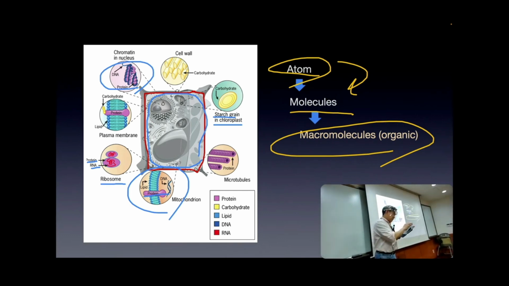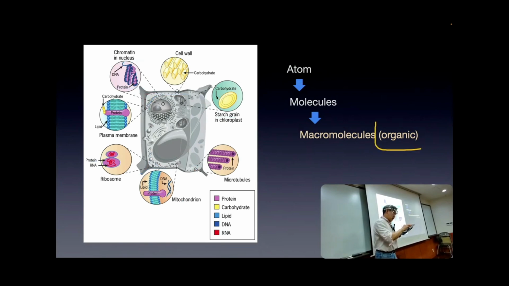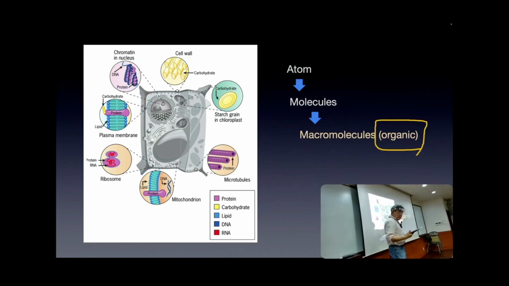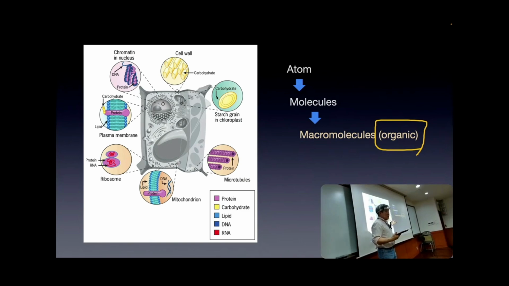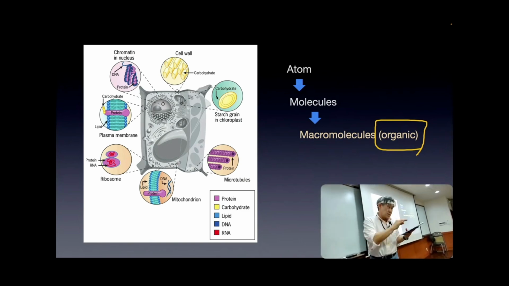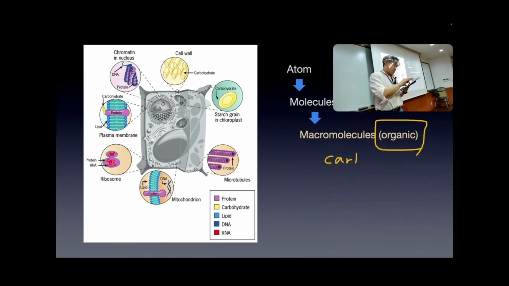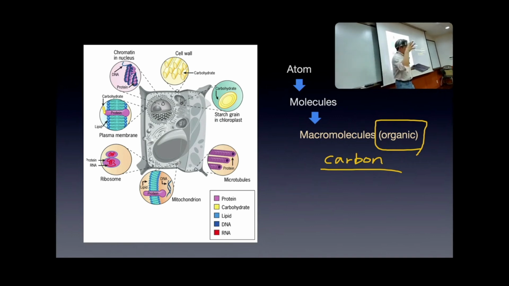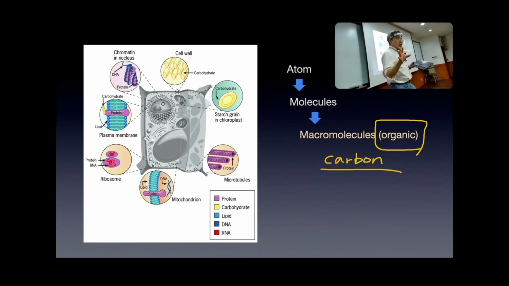And especially, look, the term organic can only be associated with macromolecules. The reason why? Because what's organic? Organic is carbon. Any carbon-containing compound, we call it an organic molecule.